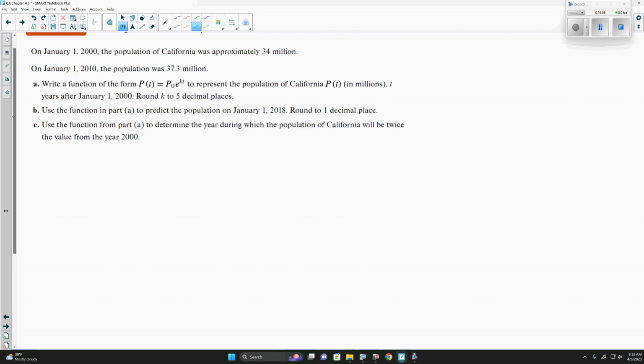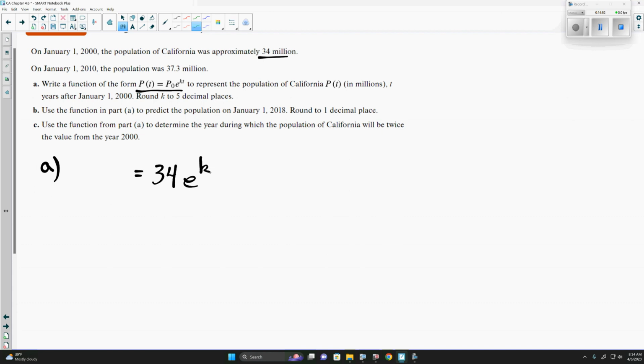So, the first thing we want to do is figure out what k is, our rate of increase. To do that, we're going to use this formula, P of t equals P naught e to the kt. Well, P naught is going to be our original, our starting value. And our starting value is 34 million. But to keep everything in simpler terms, we're just going to state it as 34, times e.